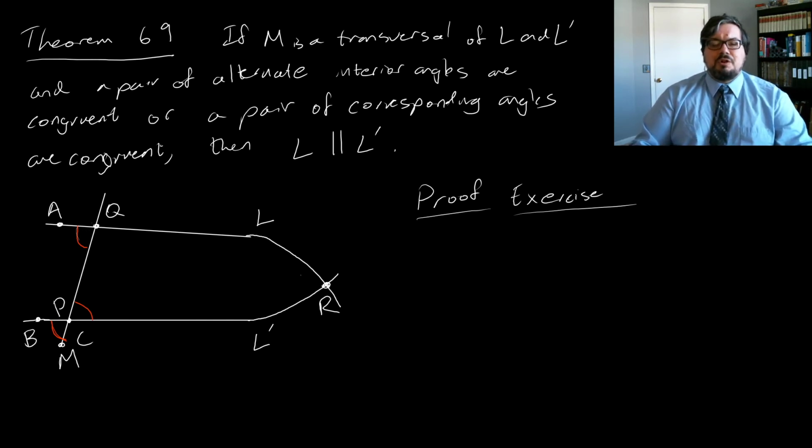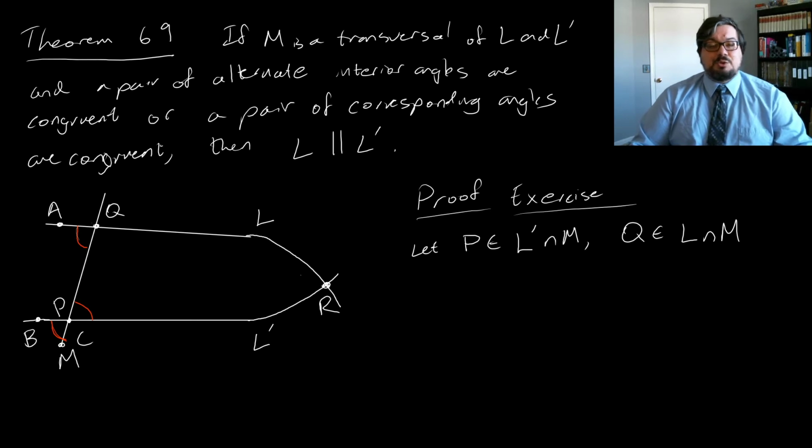So your proof would have to start off with something like: let P be in, at least the way I've written it here, L prime intersect M. Let Q be in L intersect M. Now, because L prime and M are two different lines, there's only one point in their intersection.